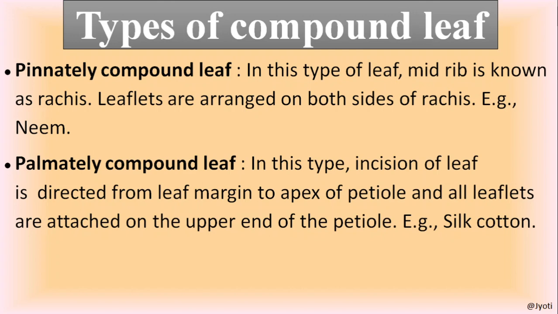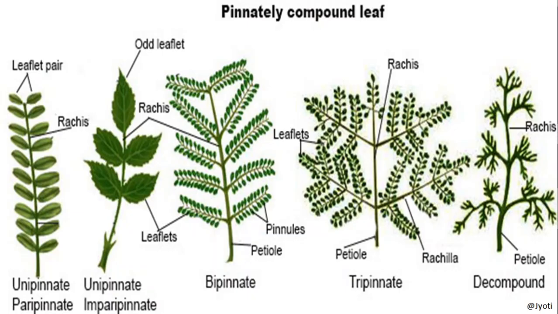So in pinnately compound leaf, the midrib is known as rachis and the leaflets are arranged on both sides of the rachis. Okay, so let me show you. So this is pinnately compound leaf. So these are different types of pinnately compound leaf. I will explain it briefly.